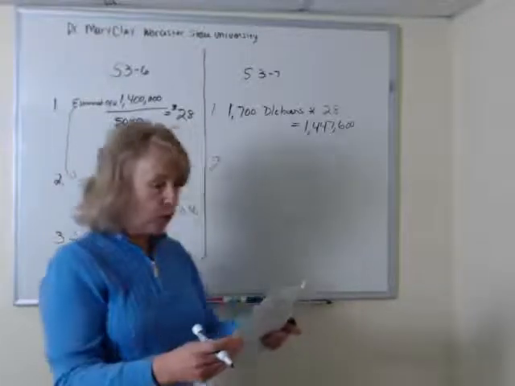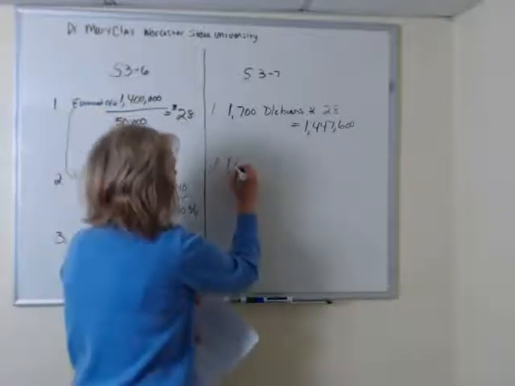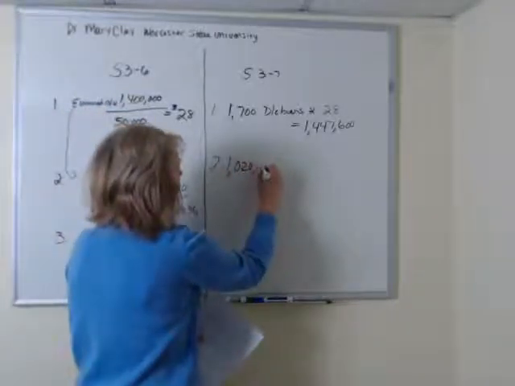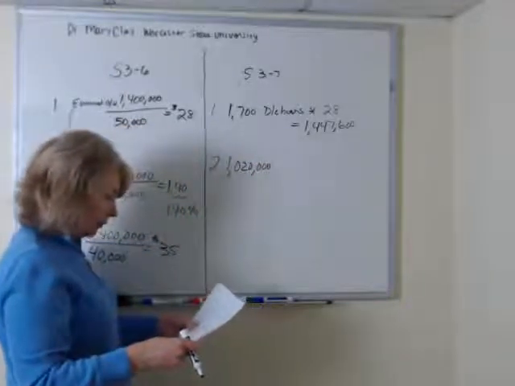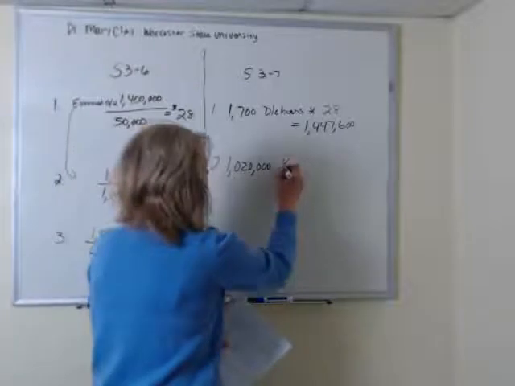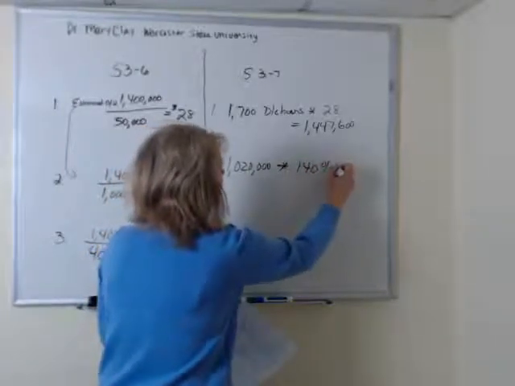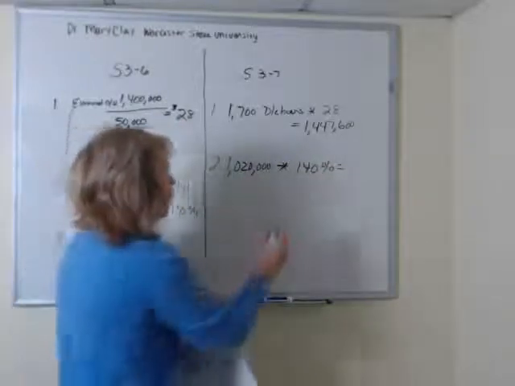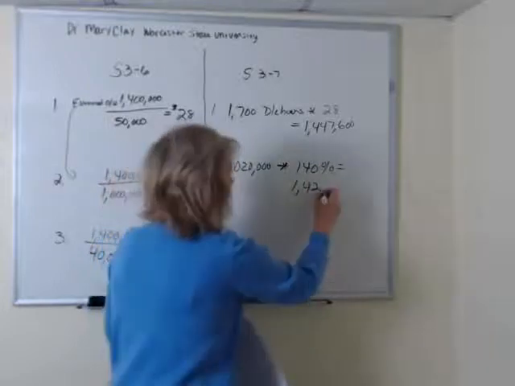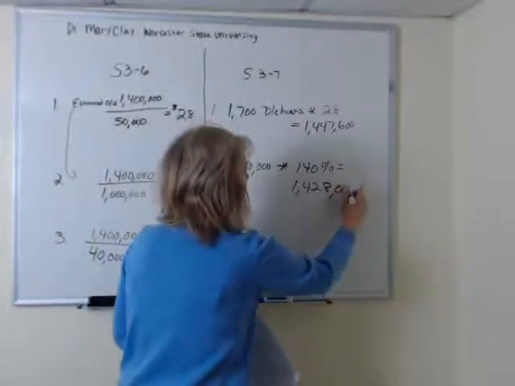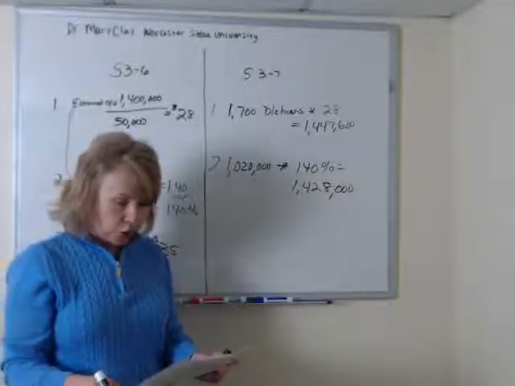So what we're going to do is take the 1,020,000 and multiply it by our predetermined overhead rate, 140%, which equals 1,428,000. So that's our allocated overhead with the allocation base for number 2.